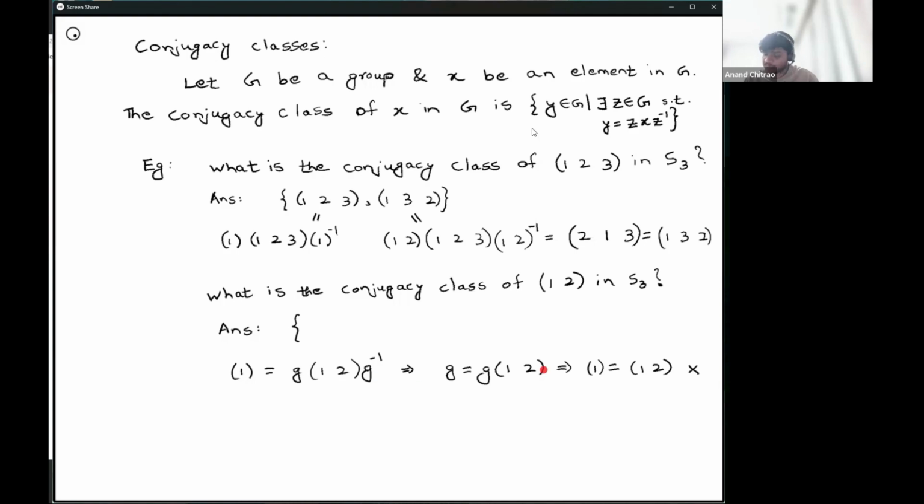So in general, the conjugacy class of the identity is a singleton set consisting of the identity itself.